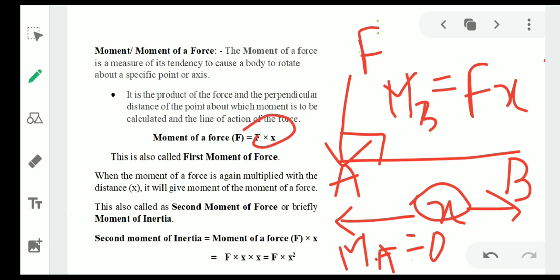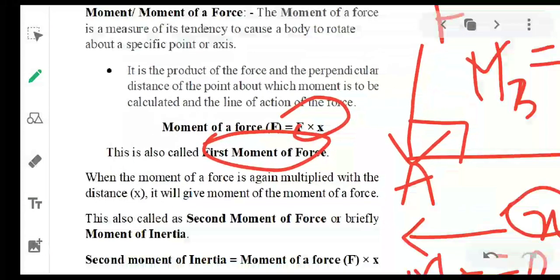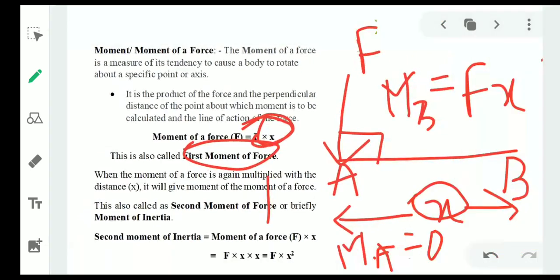This moment of a force is called the first moment of force. Next, when we multiply the distance x with the first moment of force, that is F into x, when you multiply the distance x again with the first moment of force, it will give the second moment of force.